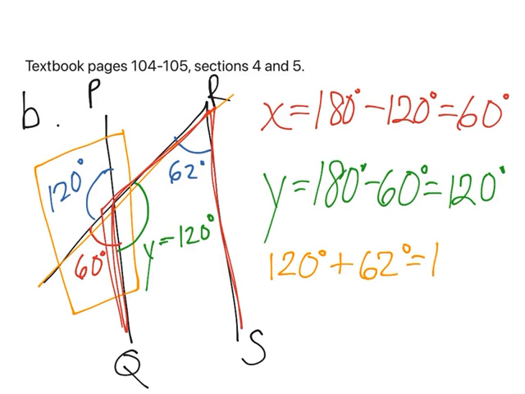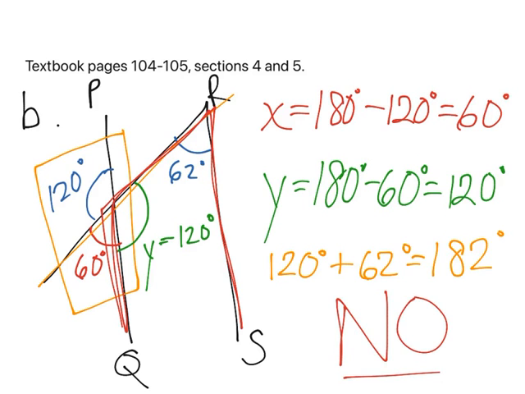What do we get? 182 degrees. So if these interior angles equal 182 degrees, does that mean PQ and RS are parallel? No.